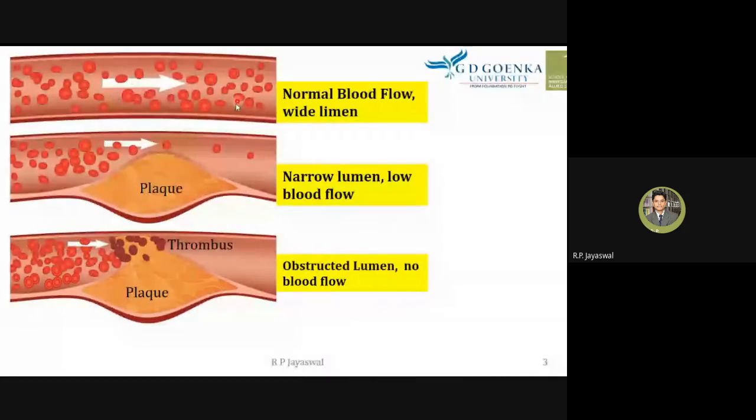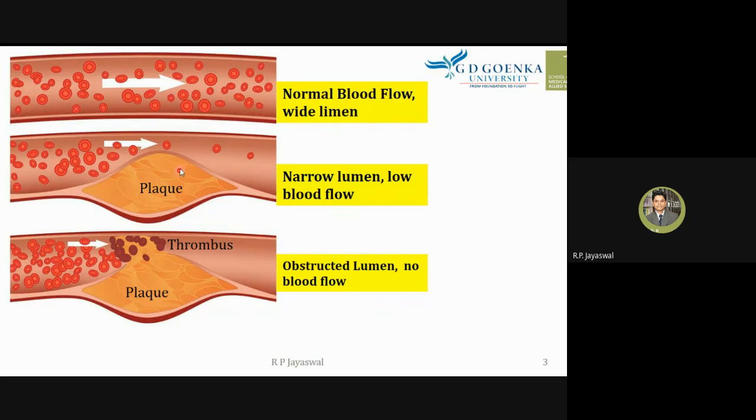This is the normal blood flow, where we can see the lumen. There is a mistake here. It's the lumen. The lumen is white, and in the white lumen, the blood flow is normal. It can flow freely.